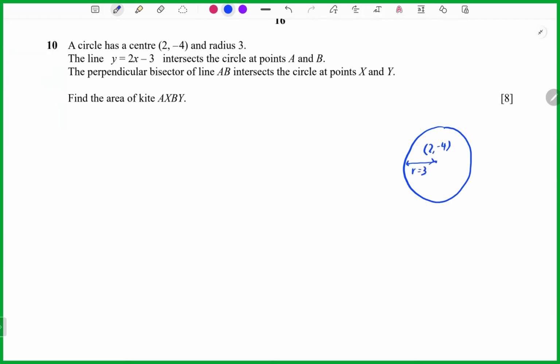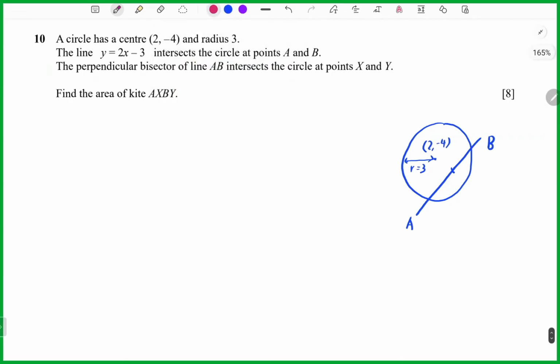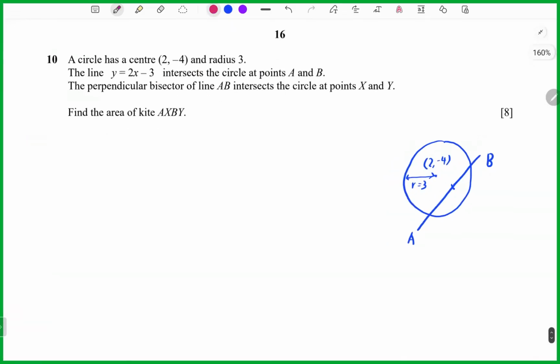We have a line that intersects this circle, so we have the coordinates A and B. If we find the midpoint of A and B, this midpoint will cross through the center.